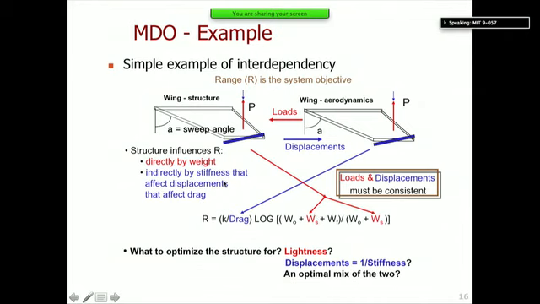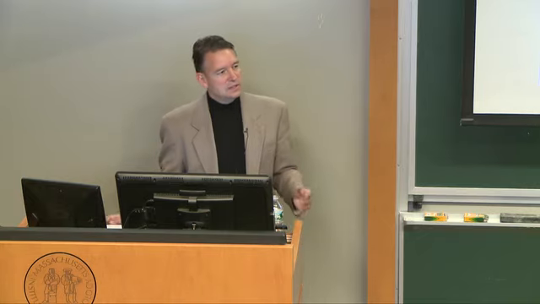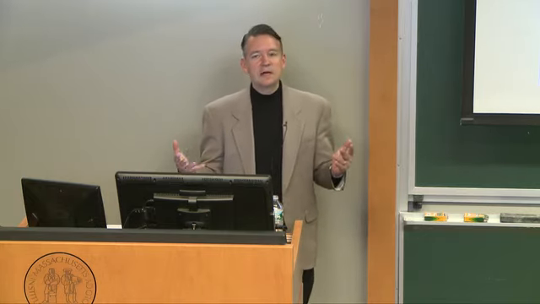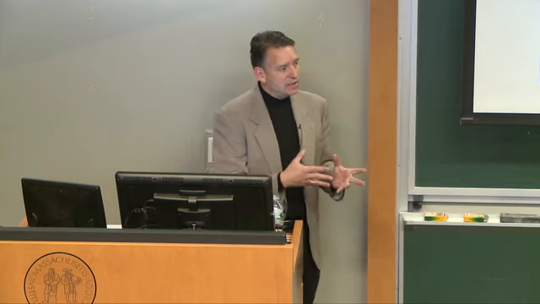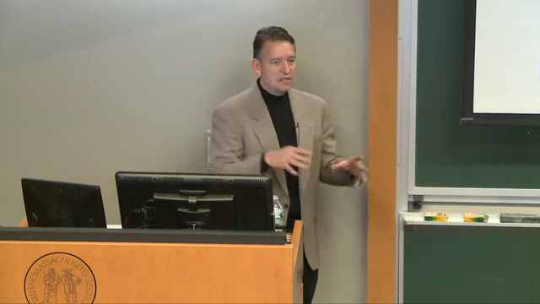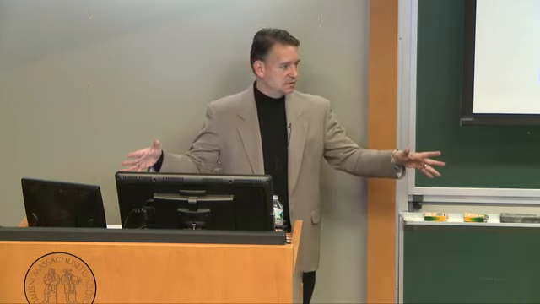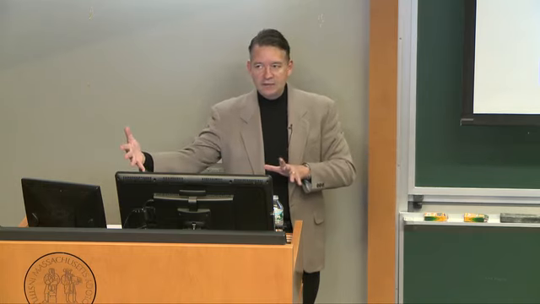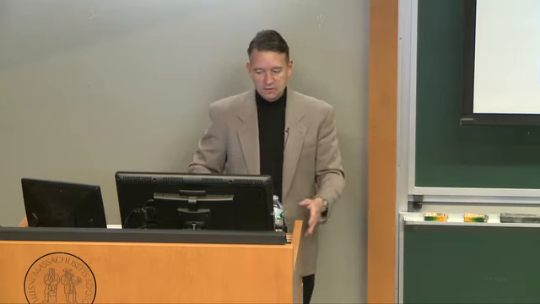And then indirectly through its stiffness, right? The softer it is, the more displacements, the more you affect the drag. So it's not so clear what an optimal wing is. Is it the lightest wing possible? But the lightest wing possible will have a larger twist and may have more drag, which will reduce your range.